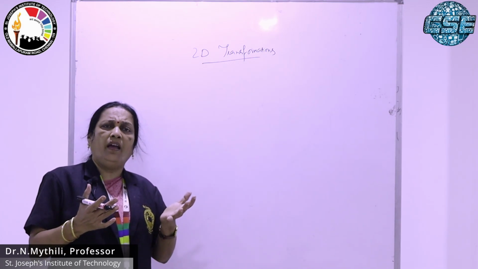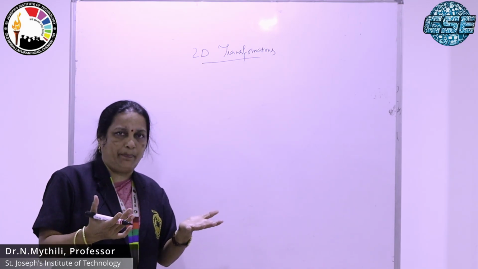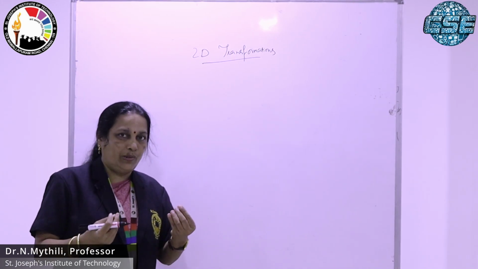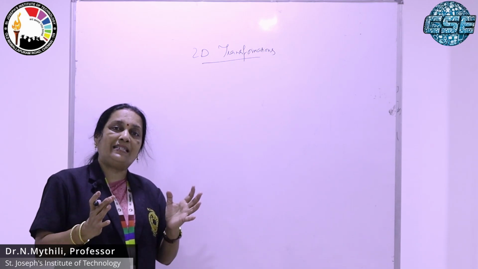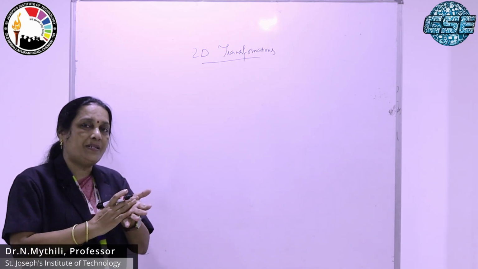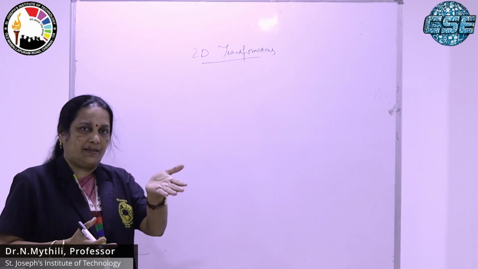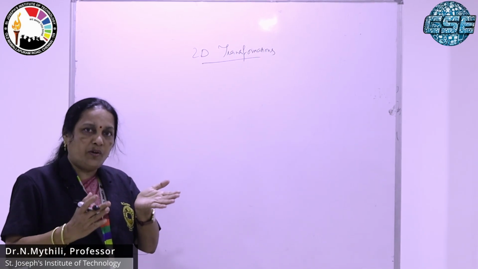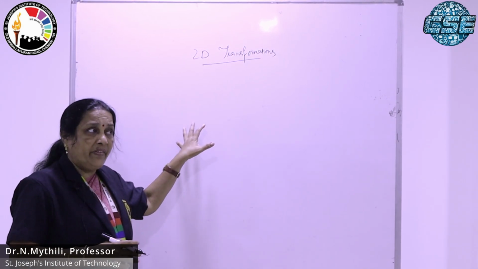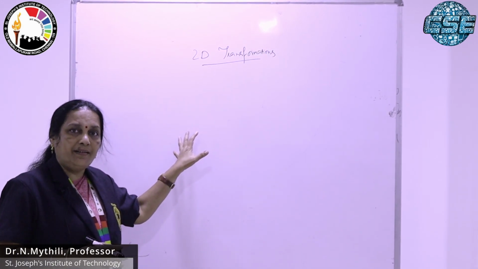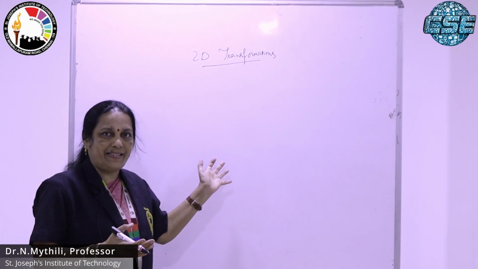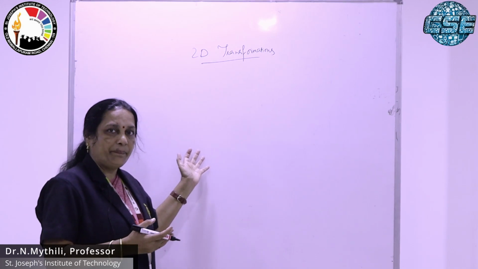All the instructions are stored in a computer in the form of zeros and ones, and all the zeros and ones are stored in the form of matrix. So when you give an equation, it is not given straightly to the computer, it is given in the form of matrix. So we are going to derive the equation for all the transformations, and we are going to represent matrices for all the equations, right?